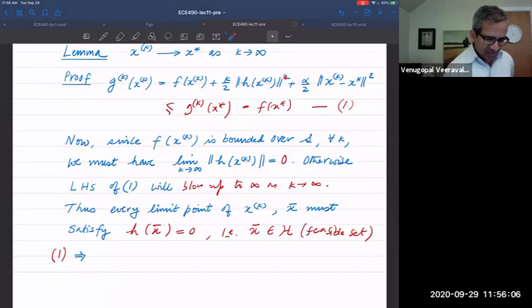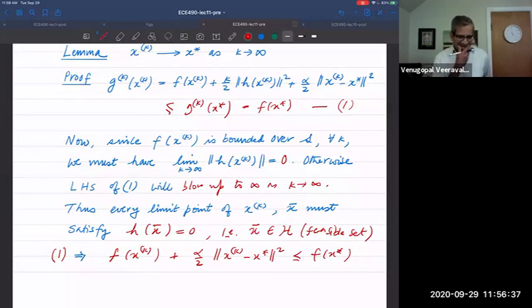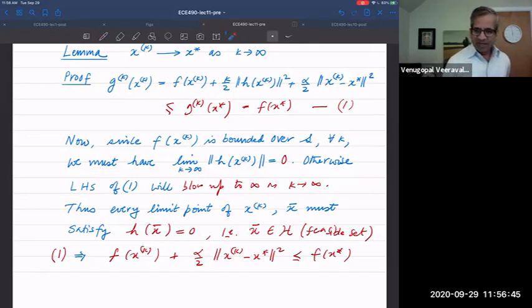So I'll remove this term, and the combination of these two will still be less than f of x star, because I'm taking away something that's positive. So f of xk plus just the last term is less than or equal to f of x star. I'm going to use these two facts to show that xk converges.